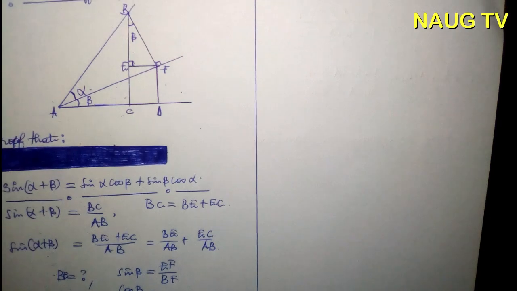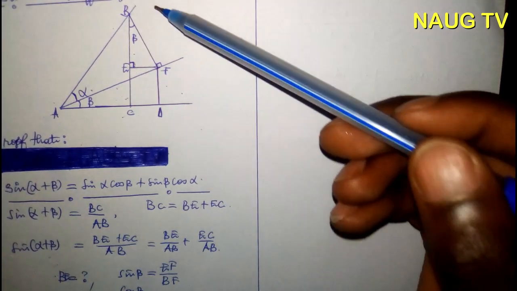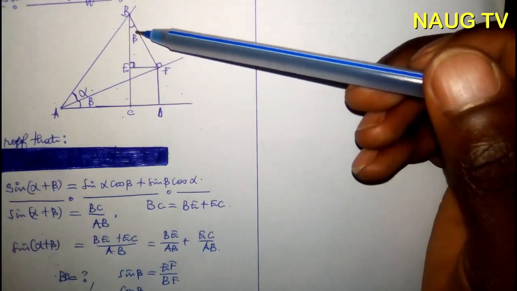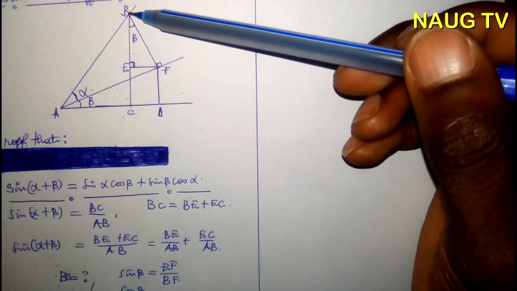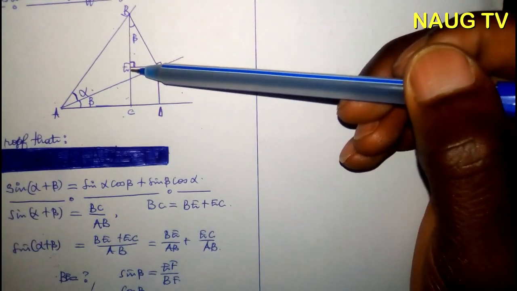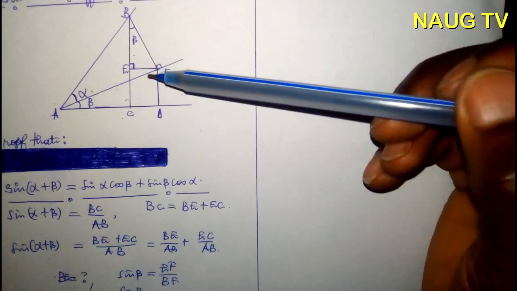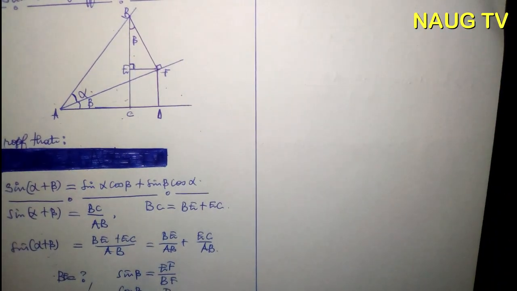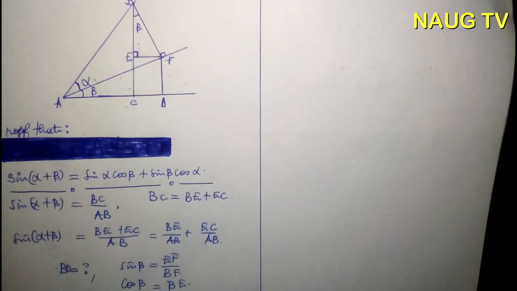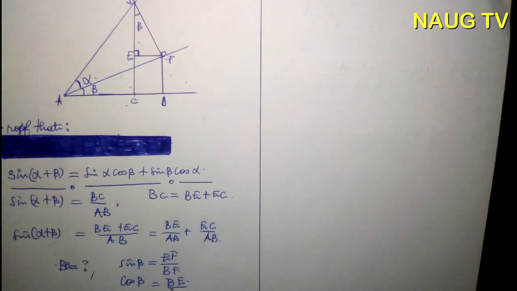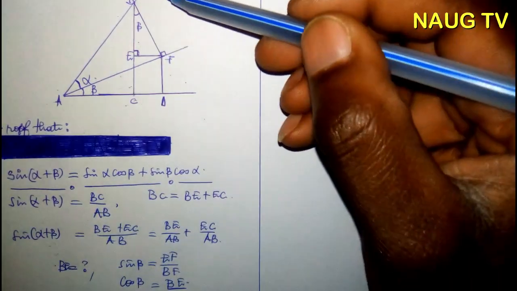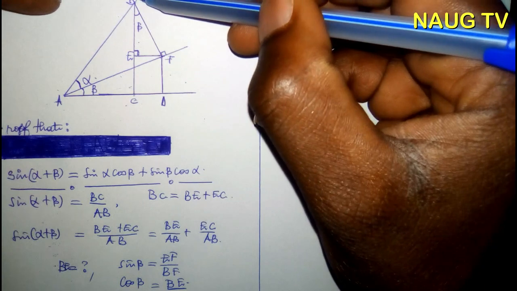Cosine of beta would be equal to the adjacent side over the hypotenuse. The adjacent side of angle B is the distance BE, and the hypotenuse is the distance BF.